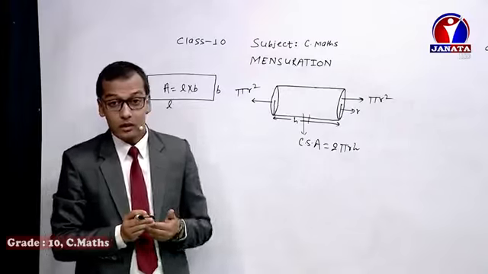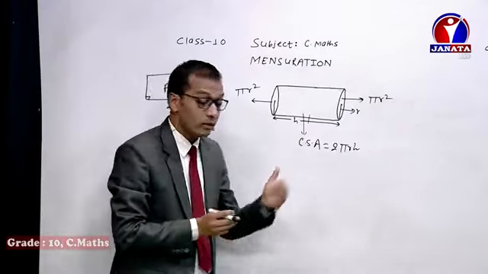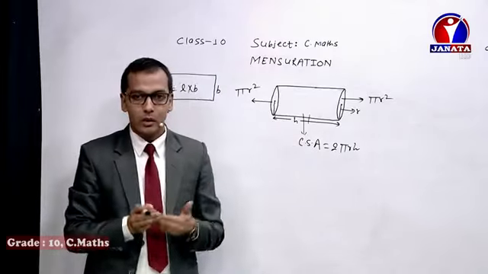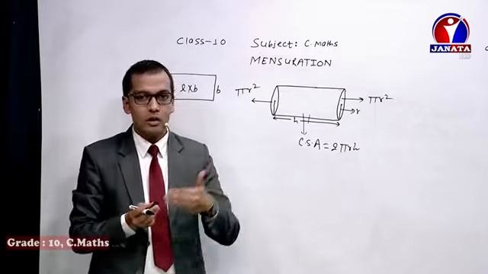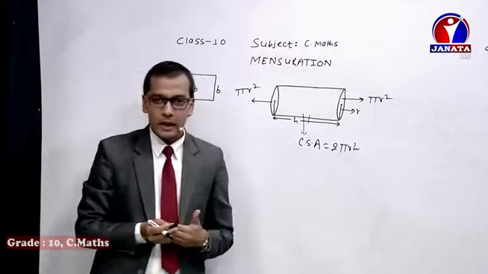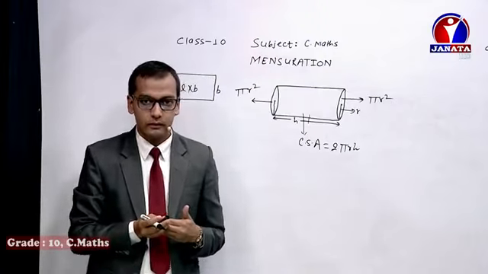Now what is total surface area? After knowing the area of the bases of this solid and the lateral surface area, now we should know what the total surface area is. In fact, the total surface area of any solid is the area of all the surfaces.